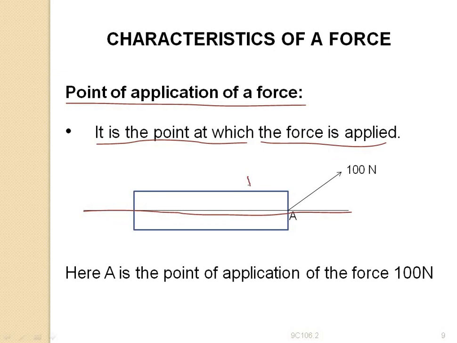So a body is given, and here the 100 newtons load passes here. So the point which is there, it is A. So here A is the point of application of the force which represents 100 newtons. That means the point where the force is applied is known as the point of application of a force.